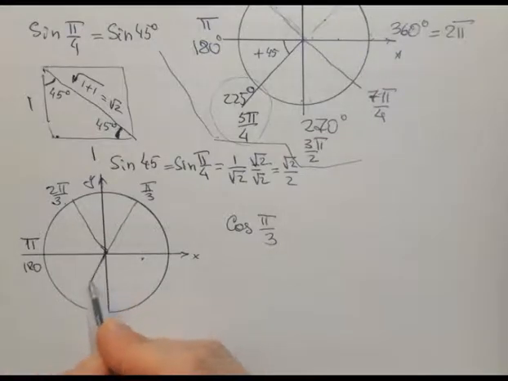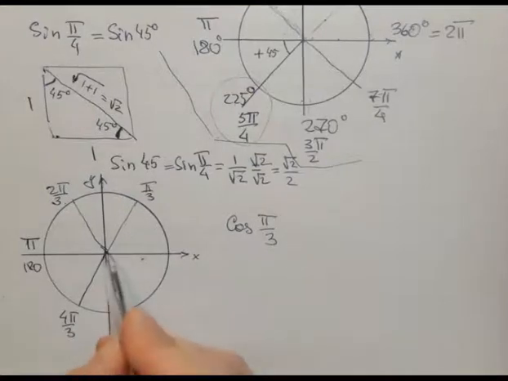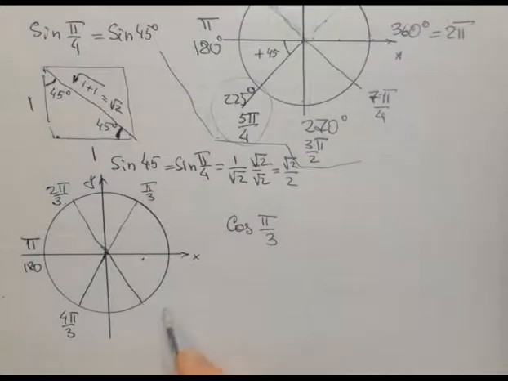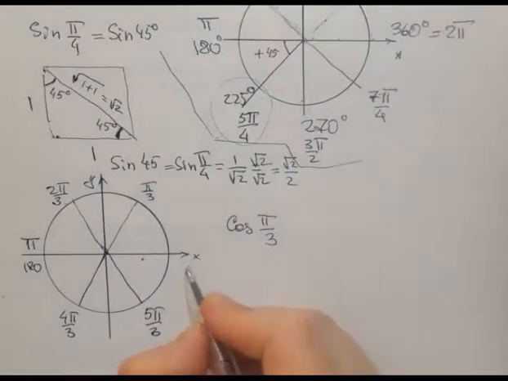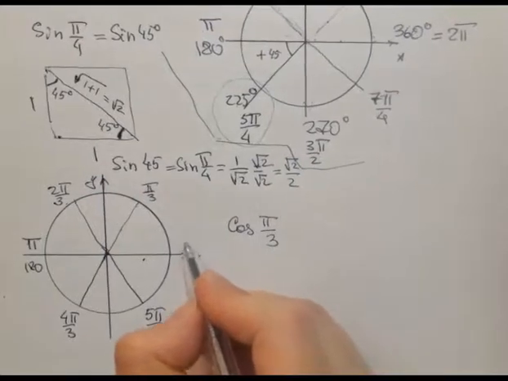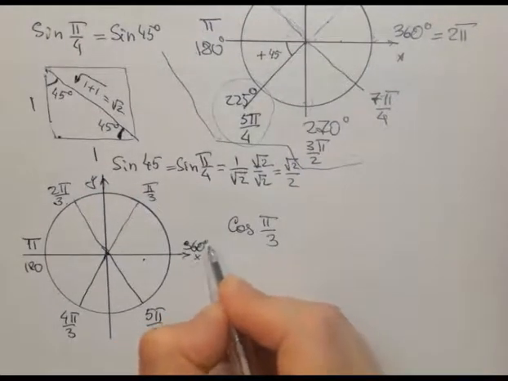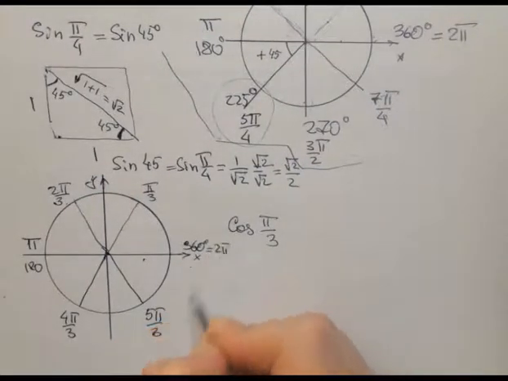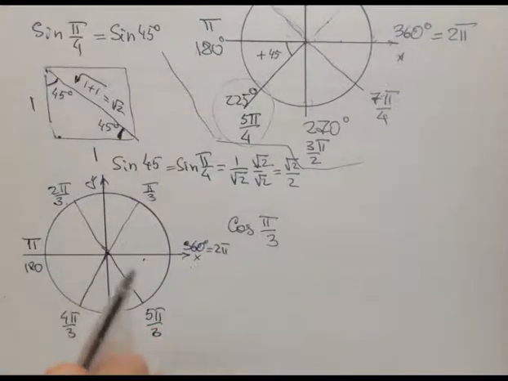Then we can add another pi over 3. It will be 4 pi over 3, plus pi over 3 will be 5 pi over 3. And on the positive x-axis, we have 360 degrees, or 2 pi, or 6 pi over 3.